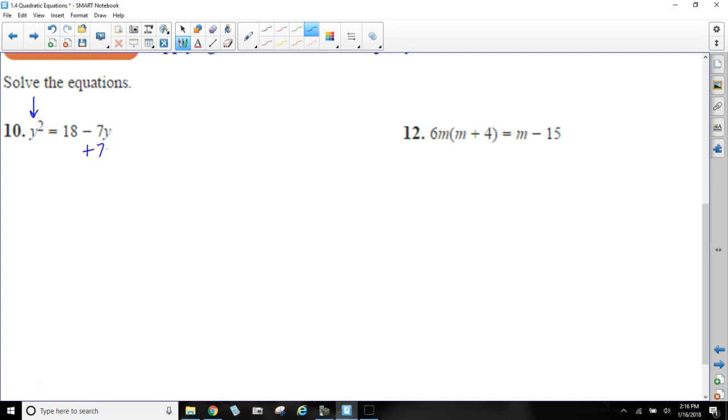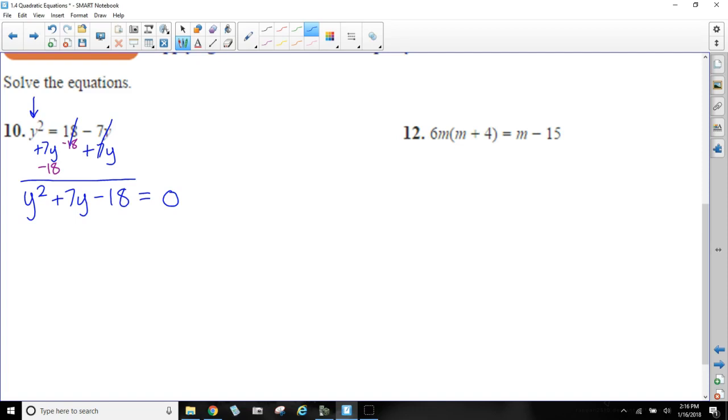So I'm going to add 7y to both sides, as well as subtract 18 from both sides. Once we get it cleaned up, we will have y squared plus 7y minus 18 equals 0.